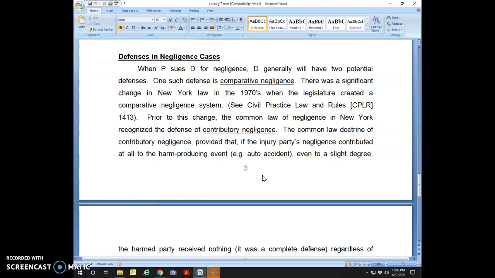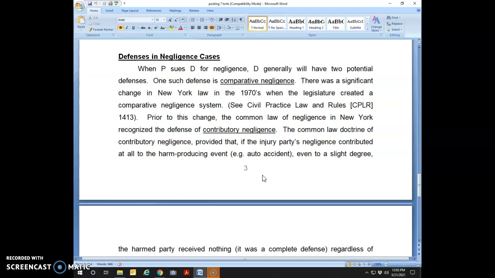A second example would be a trip and fall or a slip and fall case. There's a slippery object left on the floor of a business. It's been there long enough where the business can be charged with knowledge of it. And a person slips on it and falls and is hurt.